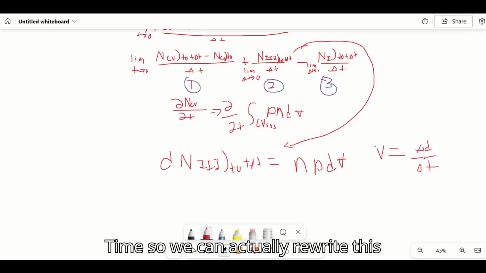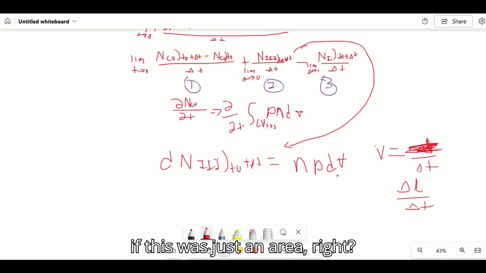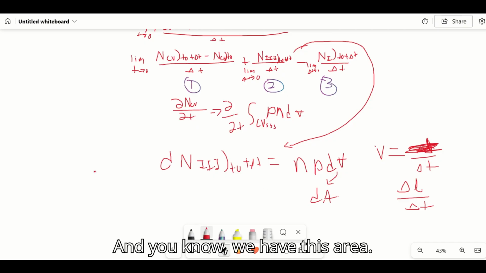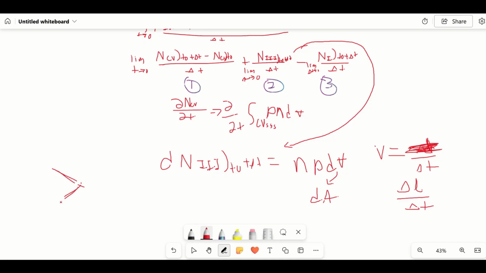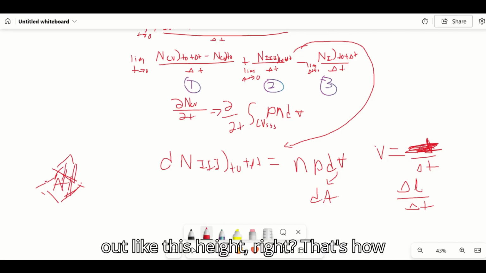So it's going to be L over delta t, okay? So if this was just an area, and we have this area, we want to transform this by figuring out this height, right?